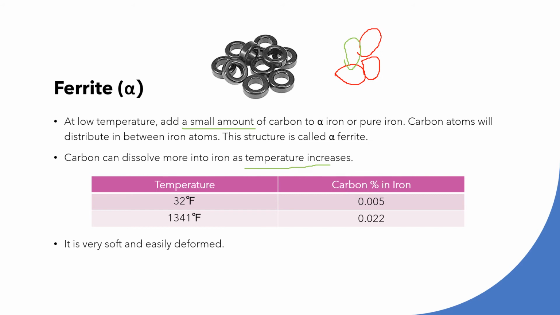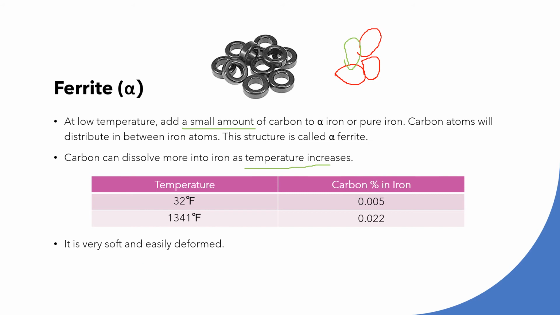At 32 degrees Fahrenheit, you have 0.005%, and at 1341, you have 0.022%. Quality: very soft and easily deformed. Why? Because we have a very small amount of carbon in ferrite iron.